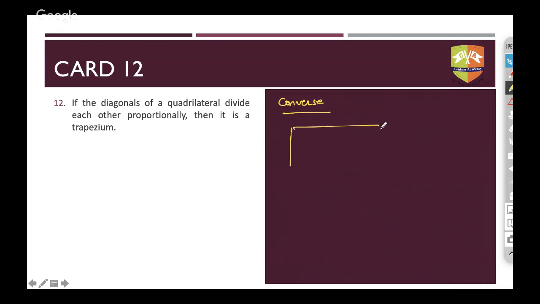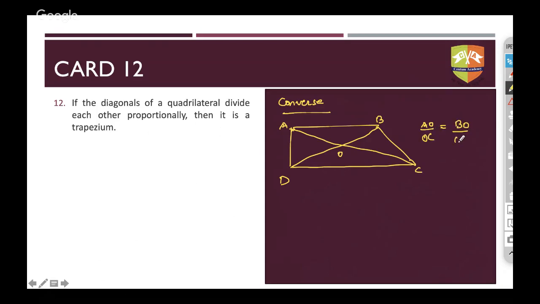Let's say there is a trapezium ABCD, and there is a diagonal like that, and this is O, and it is given that AO by OC is equal to BO by OD.